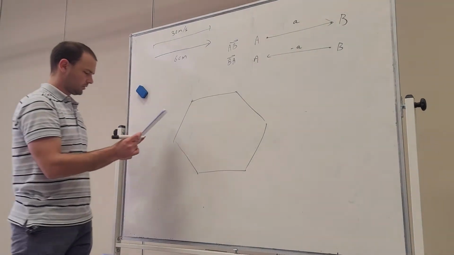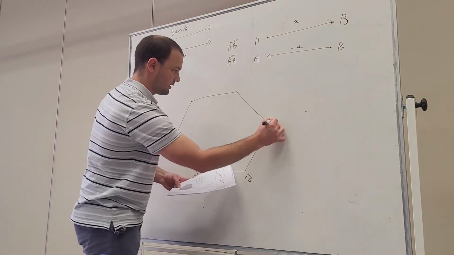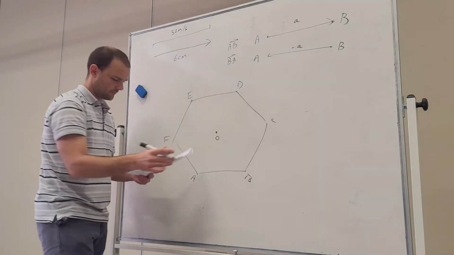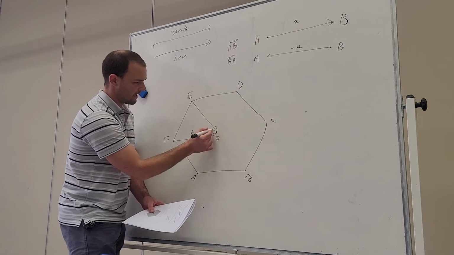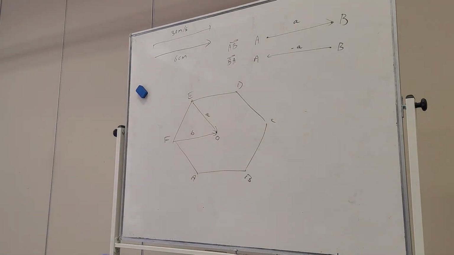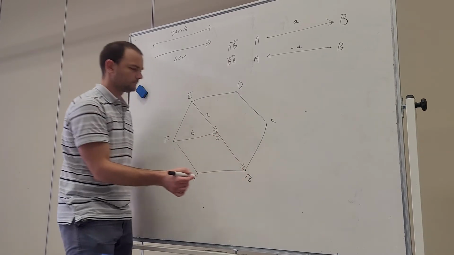We've got A, B, C, D, E, F, O. And we've got these vectors drawn. We've got vector b and we've got vector a. Draw vector OB. That means we're going to start at O and end at B. That's going to be from here to here.